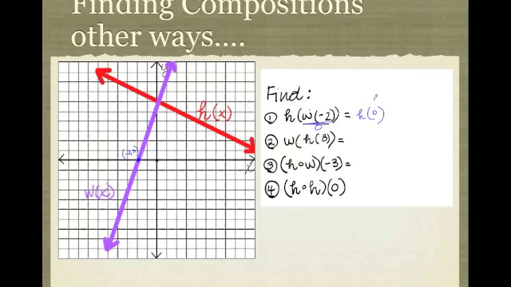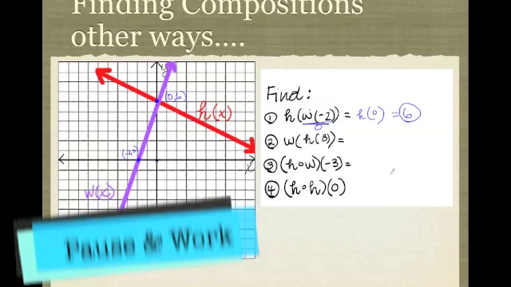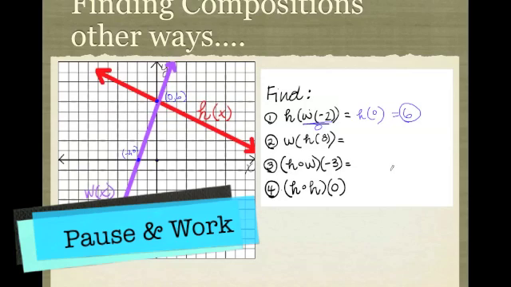So I go to the 0, and I go up to my h function, and that is 1, 2, 3, 4, 5, 6. That point is 0, 6. So I know that entire thing equals 6. Okay, you pause the video and then come back and check your work. Okay, how did you do?